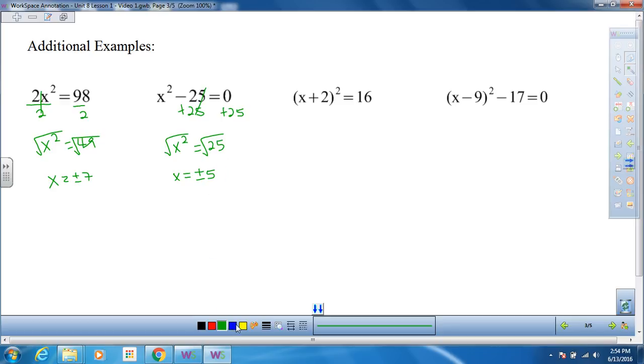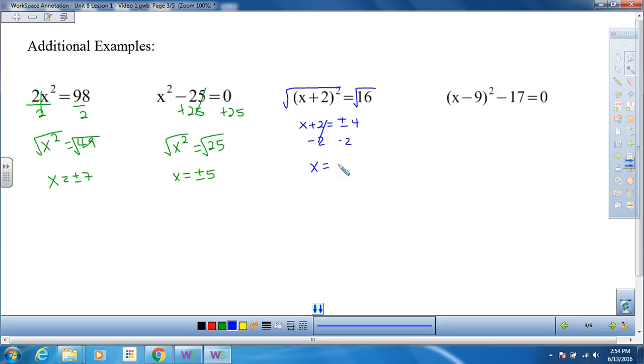Okay, now for this next one, this one's a little trickier because the square is on the outside of this parentheses. So I can't get inside x plus 2 until I get rid of this square. Well, to get rid of a square, we square root. Okay, square root of 16 is positive or negative 4. We are going to subtract 2 because x isn't by itself yet.